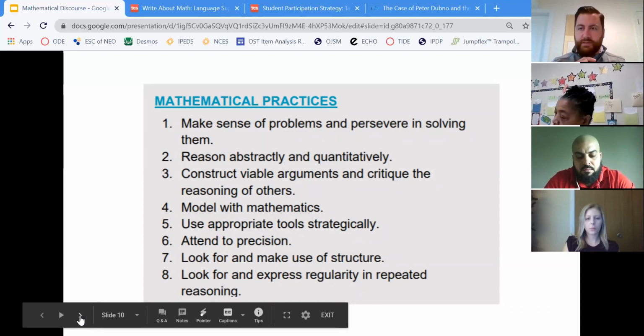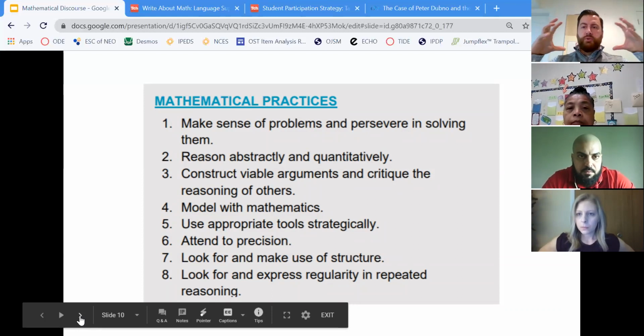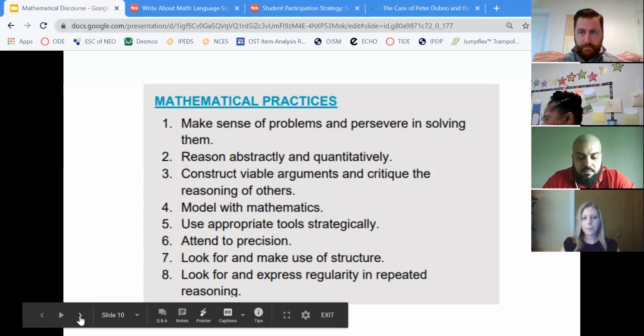If you look at the standards document from the state of Ohio, starting in kindergarten, going all the way up through geometry, which is the scope the standards cover, you look at all of those grade levels, but those standards that you are teaching are the what.